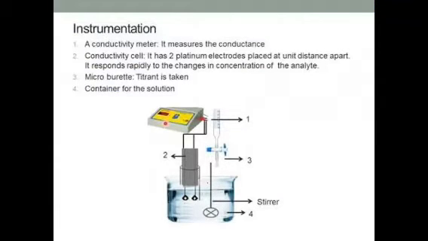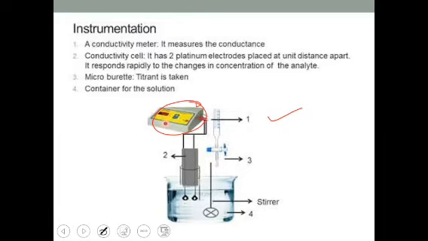See here, this is the total setup of the conductometric titrations. These are the instruments used in conductometric titrations. The first one is a conductometer, which gives the conductance value of the solutions.